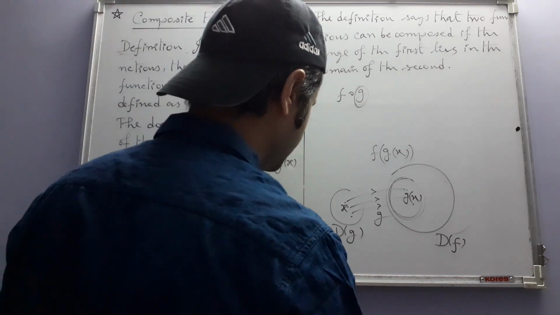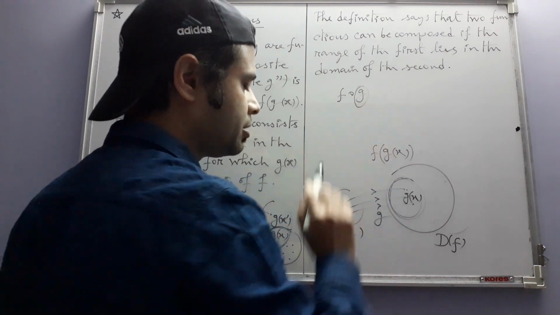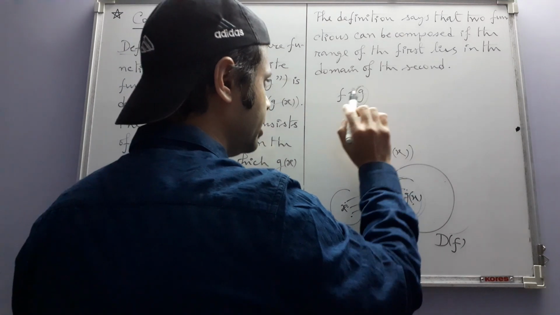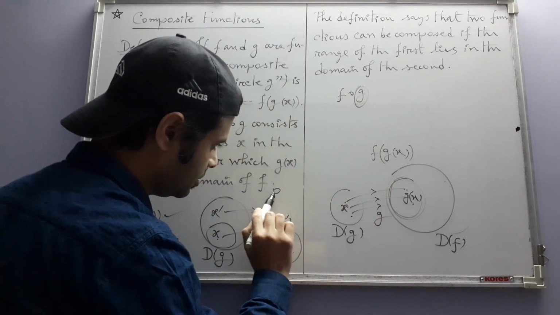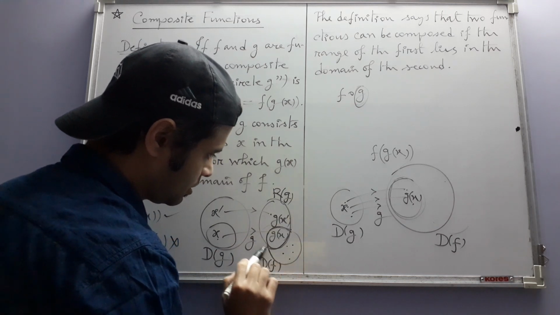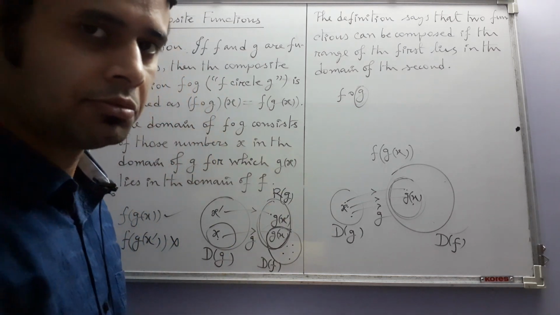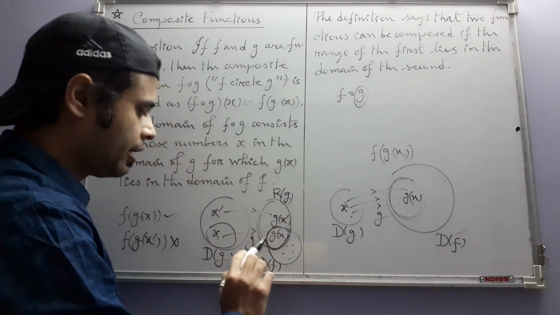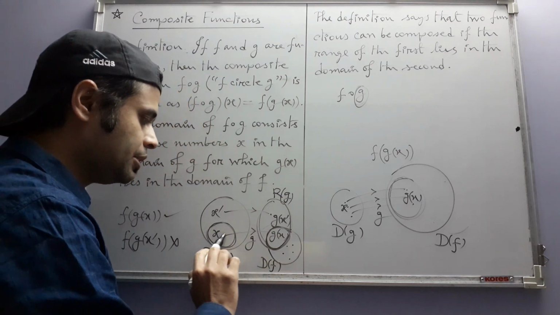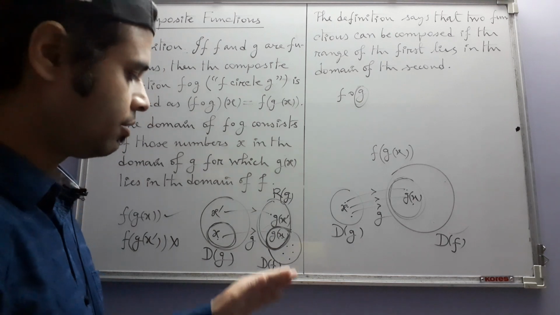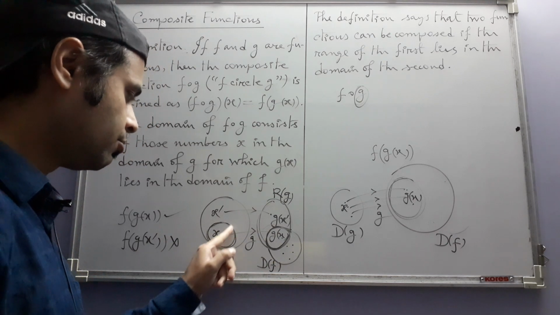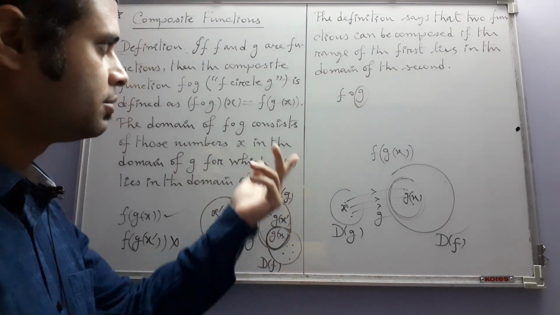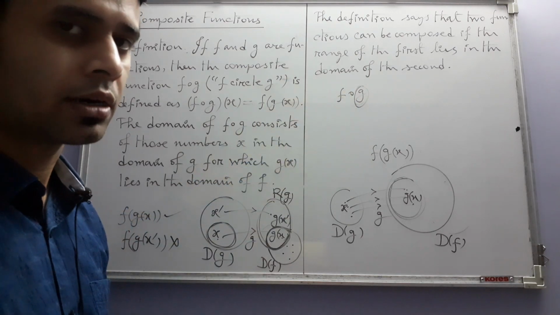Ideally, they should have said that F composition G can be formed when the range of G, this set, and the domain of F have a non-empty intersection, so that there are some points which get mapped onto that common area or the intersection, and those points make up the domain of F composition G, or F circle G.